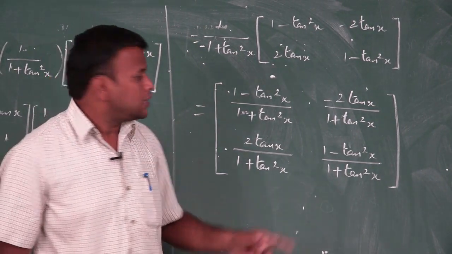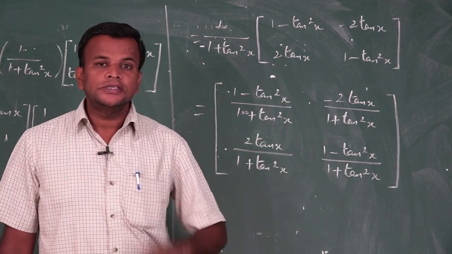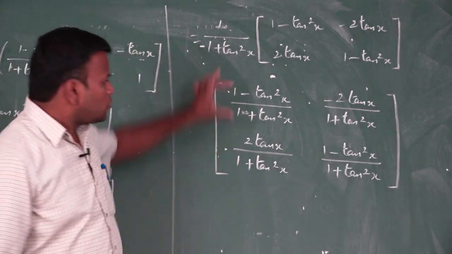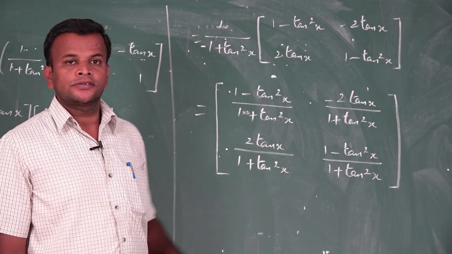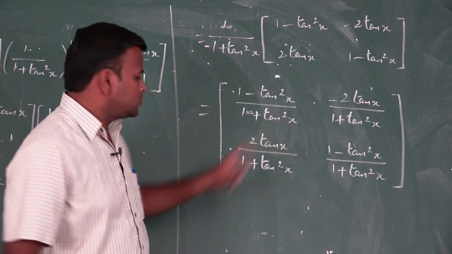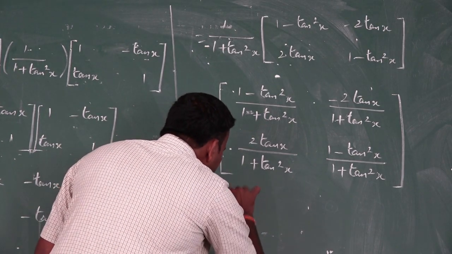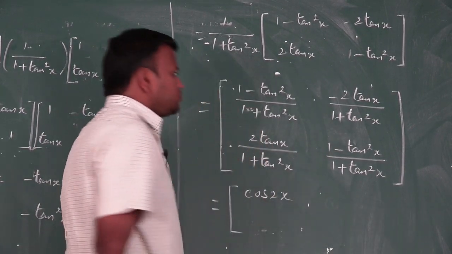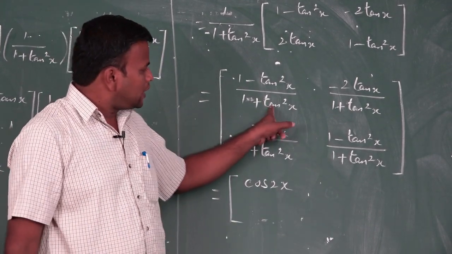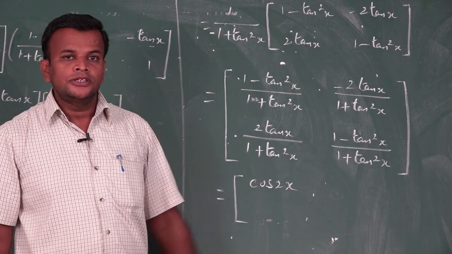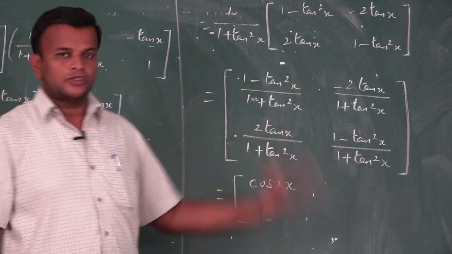But in place of a here, x. So it is exactly the formula of cos 2x: 1 minus tan square x divided by 1 plus tan square x. So the first term becomes cos 2x. You see the same term lies in the second row, second column element also. So this also involves cos 2x.